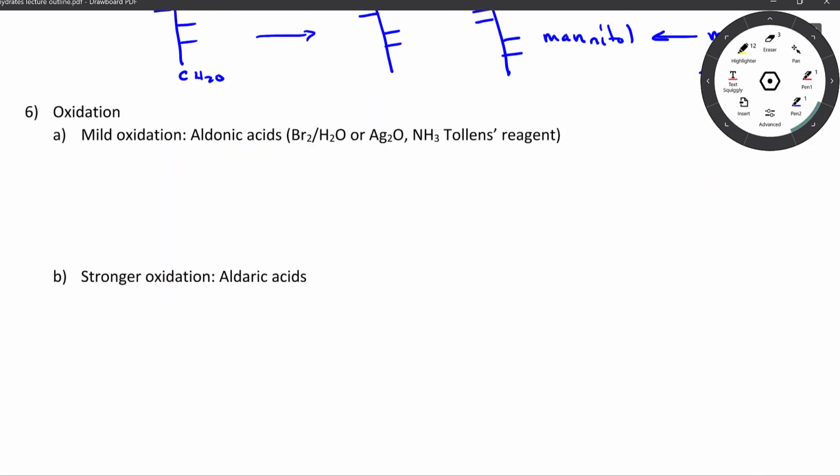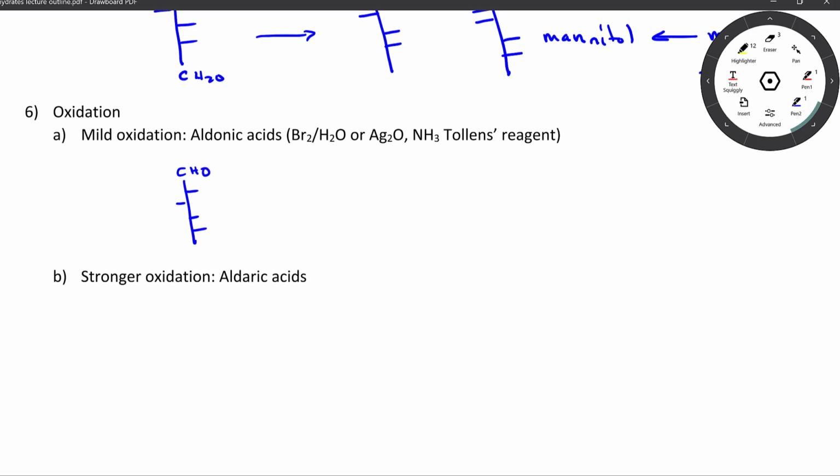Now, there are two general classifications of oxidation reactions that are used with sugars. We call them mild and strong oxidation. So if you take, for example, glucose, just a simple one to remember, and you subject it to mild oxidation.